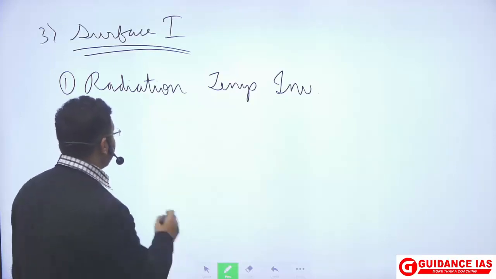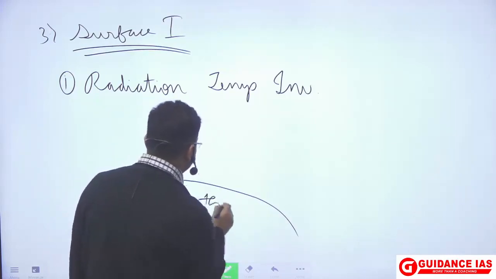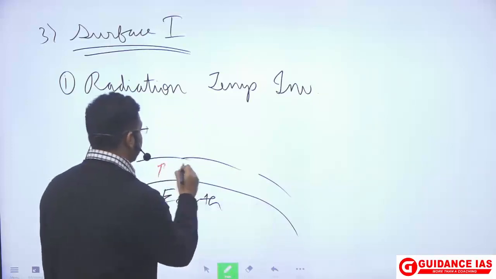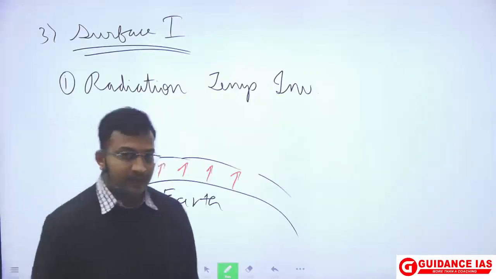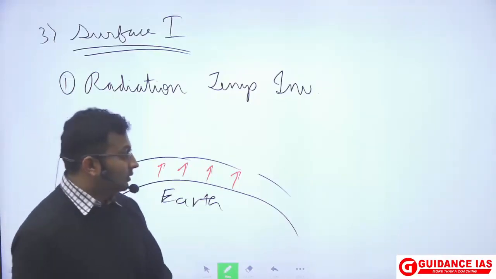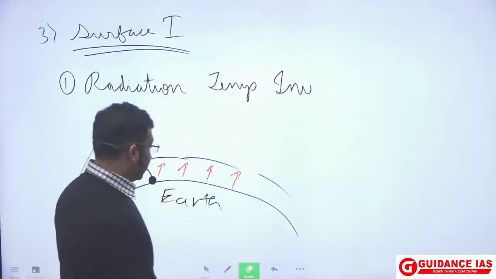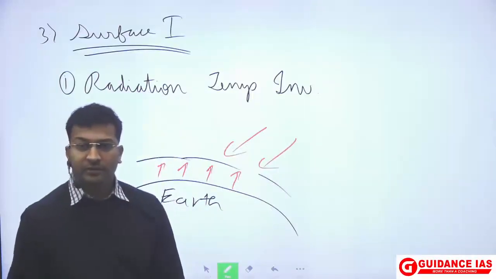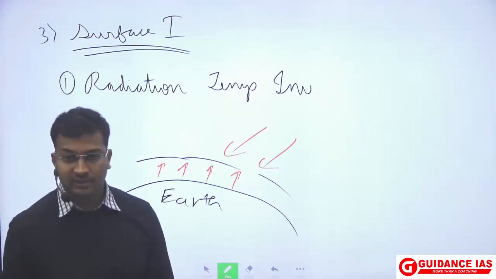Okay, so the layers of the atmosphere along the Earth's surface get heated due to the radiations reflected from the Earth surface. The Earth's surface gets heated due to the incoming solar radiation, which ultimately heats the atmospheric layers above the Earth's surface.